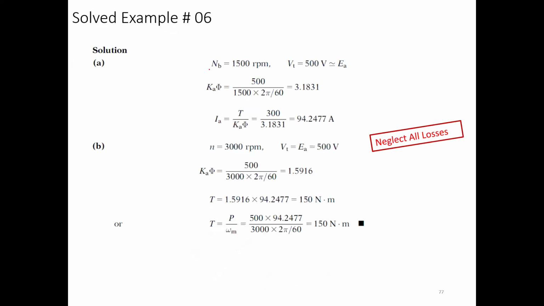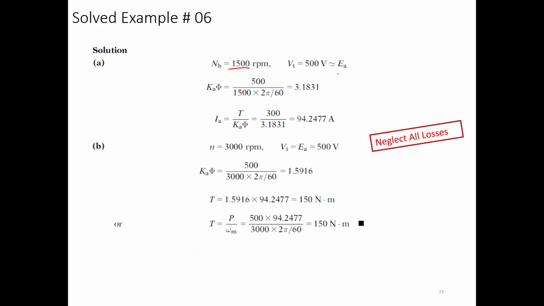The base speed is 1500. This 1500, guys, is the maximum speed we can obtain, which means this is going to be the no load speed. This can happen if we neglect the armature losses, the armature voltage drop. So we have V terminal equals almost EA.